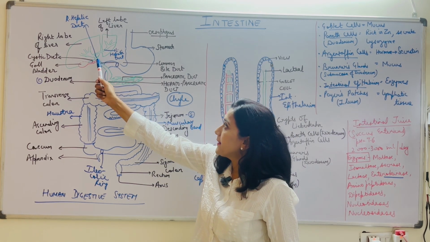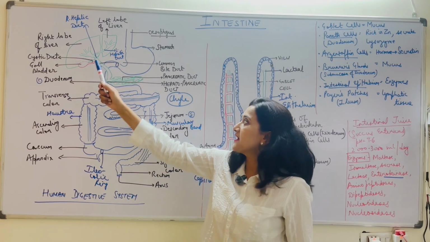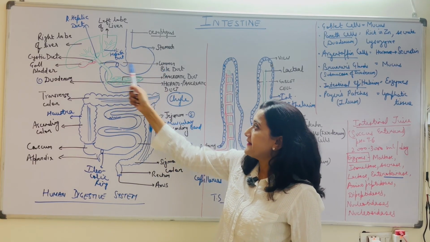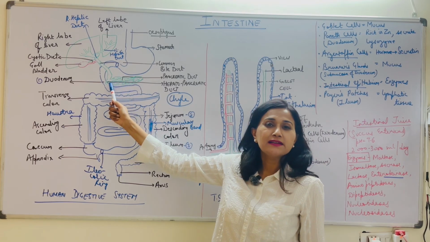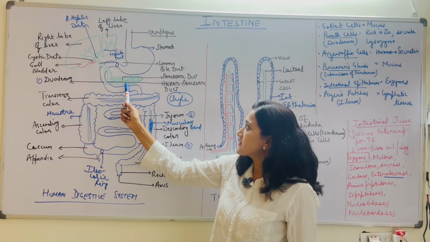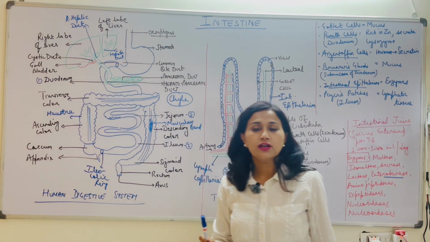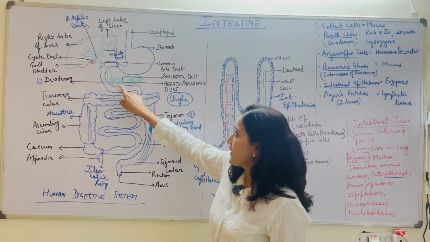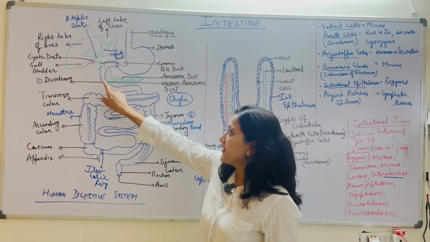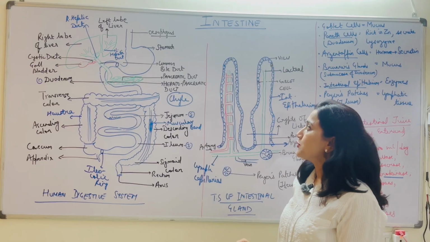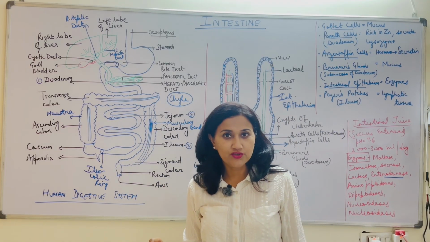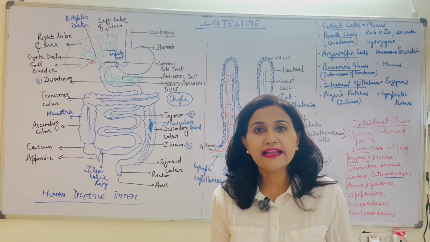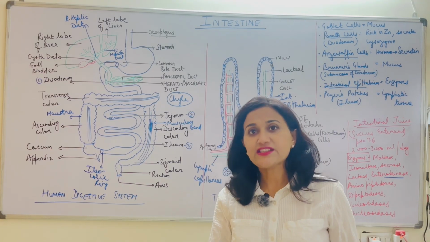Then when the hepatic duct is joined by the cystic duct, they together form the common bile duct, and this common bile duct is further joined by the pancreatic duct, which is coming from this leaf-shaped organ known as the pancreas. Now they become the hepatopancreatic duct, which will pour its secretion into the duodenum region. We will see a little more detail of all these structures in the next video.